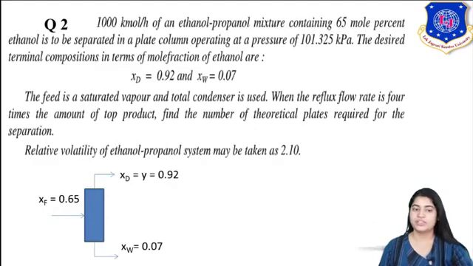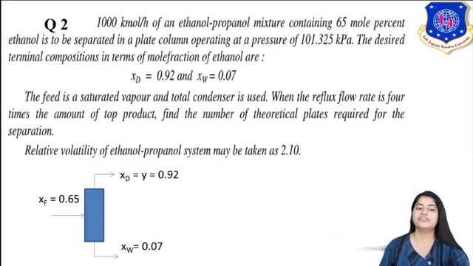The next question: 1000 kilomole per hour of an ethanol-propanol mixture containing 65 mole percent ethanol is to be separated. Ethanol is the more volatile component. The desired terminal compositions in mole fractions are 0.92 and 0.07.